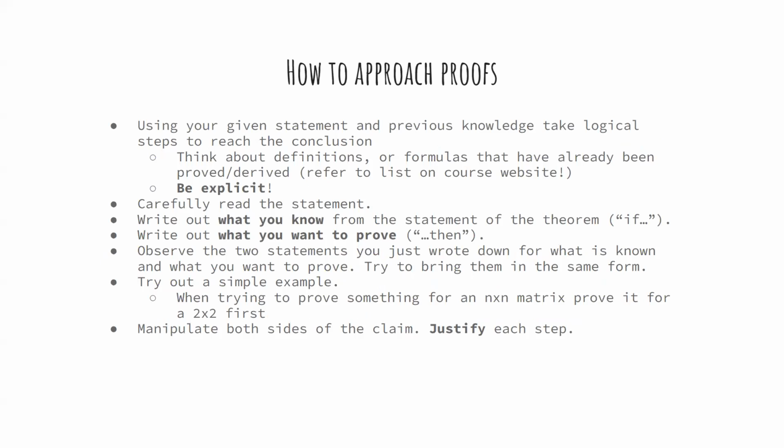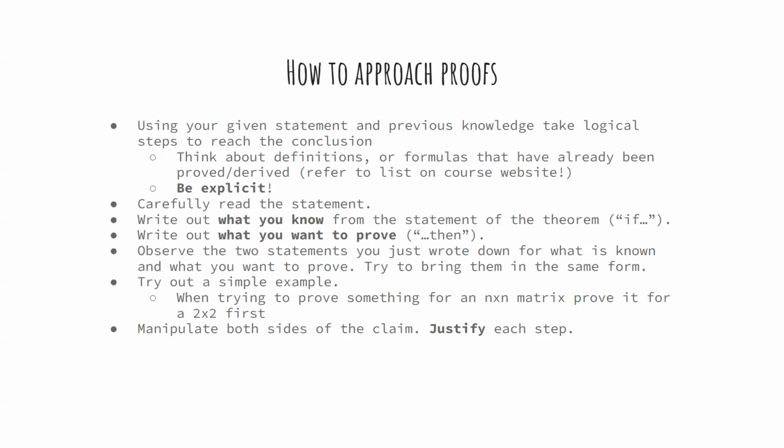Yeah, and then we talk about this idea of proofs, which usually shows up on the exam for at least one question. So it's important to know where this is coming from. The way to approach proofs is to break it down in the way that we've written out.